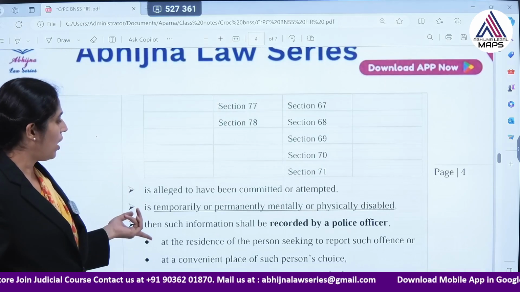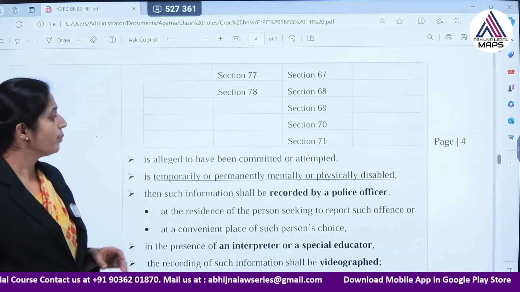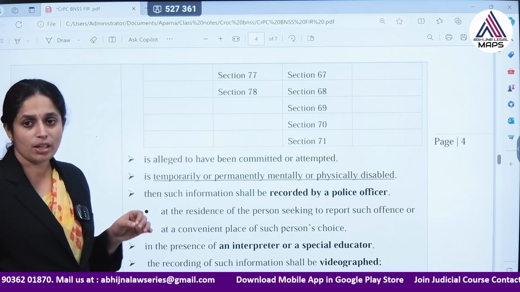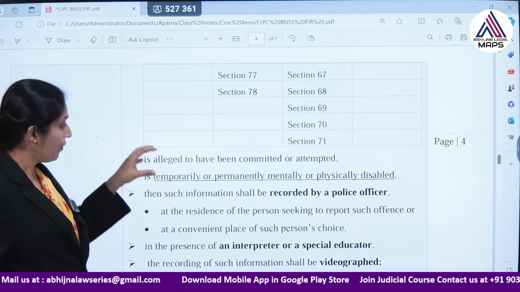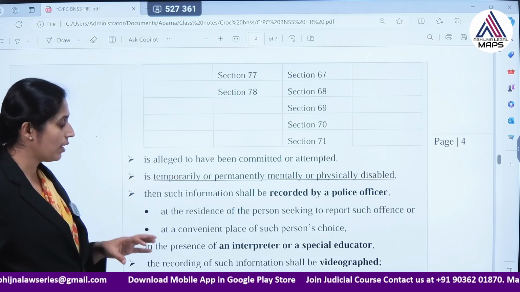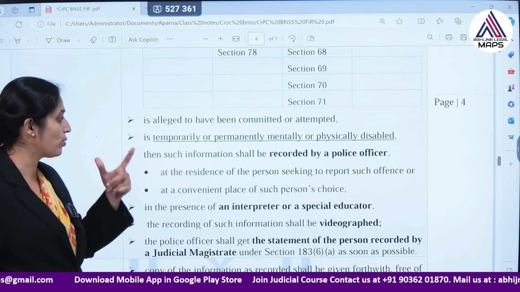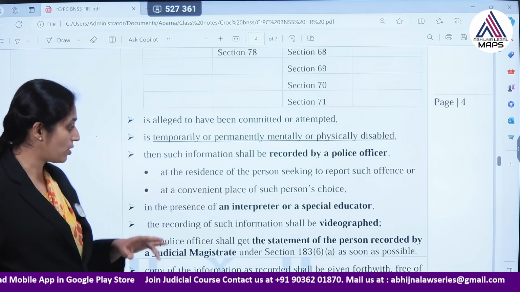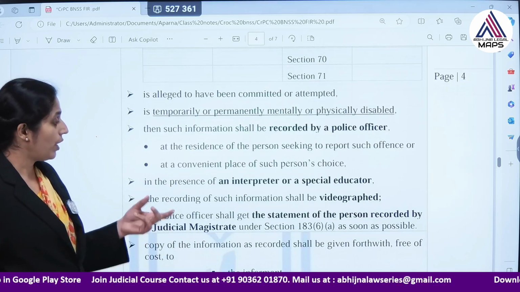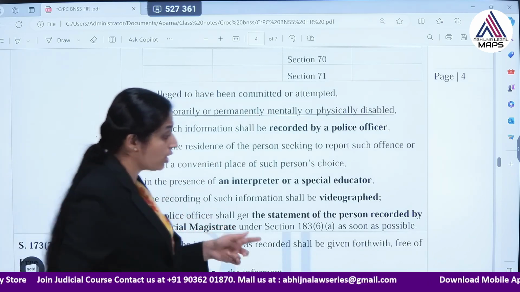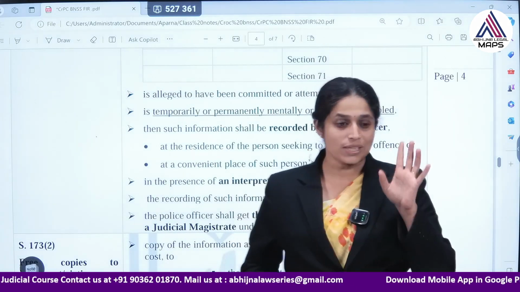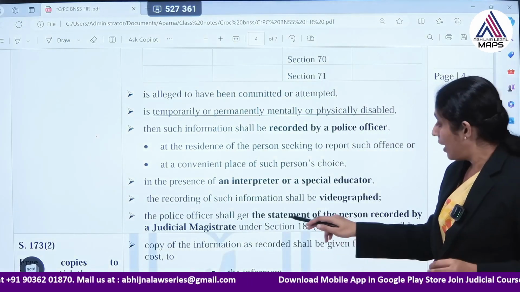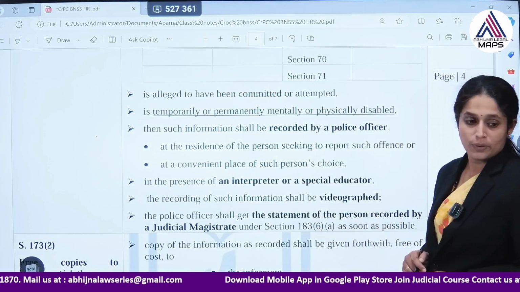So, if the person against whom the offence is committed is temporarily or permanently disabled, that information has to be recorded by a police officer and it has to be videographed. It should be made in the presence of an interpreter or special educator, or it shall be recorded by a judicial magistrate under section 164. Earlier it was 164 5A, but now as per the new Bharatiya Nagarika Suraksha Samhita, it is section 183 6A.